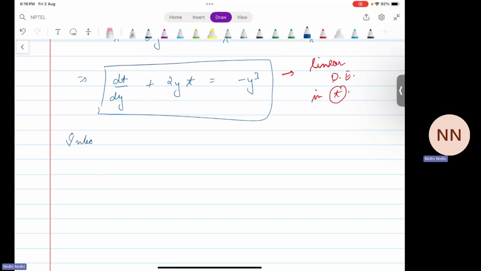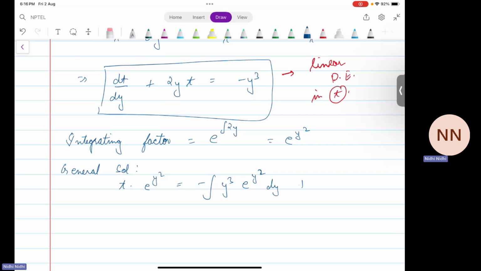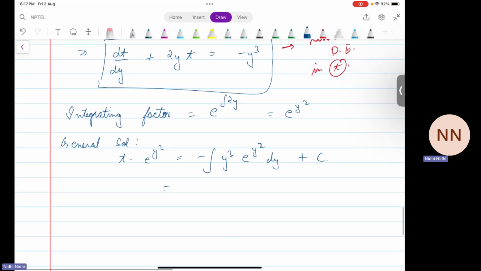So our integrating factor is e to the power integration 2y, which is e to the power y square, and our general solution is t e to the power y square is equal to integration minus y cube e to the power y square dy plus c, which is equal to minus integration y square e to the power y square 2y dy, 1 by 2, plus c.